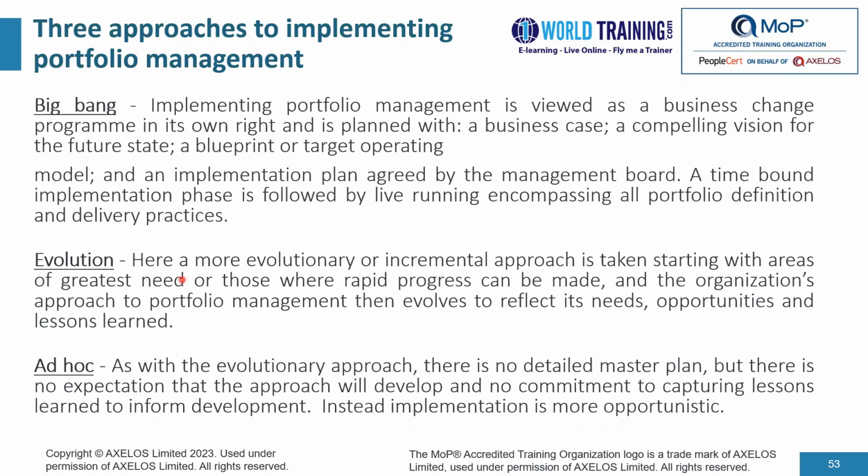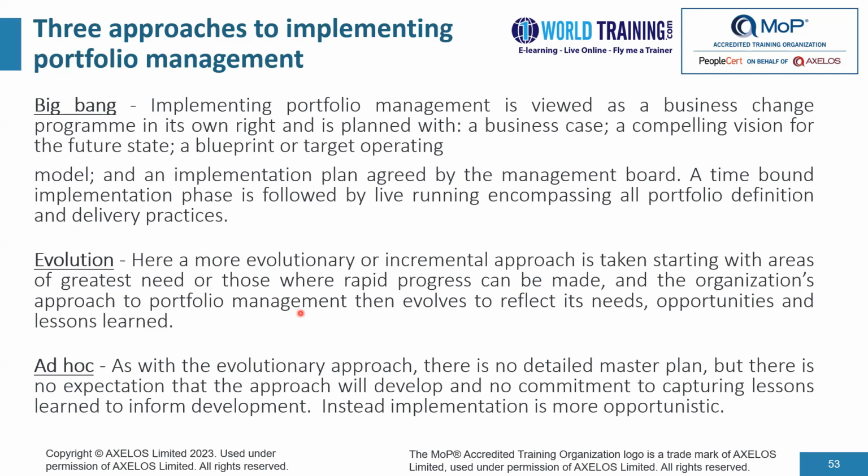We might want to start off with the prioritize practice within the definition cycle, and those where rapid progress can be made, and the organization's approach to portfolio management then evolves to reflect its need, opportunities, and lessons learned. So we pick up those practices which are of greater need within the organization, we implement them, and then we get those quick wins, and then we move on to other practices and the implementation of those practices.